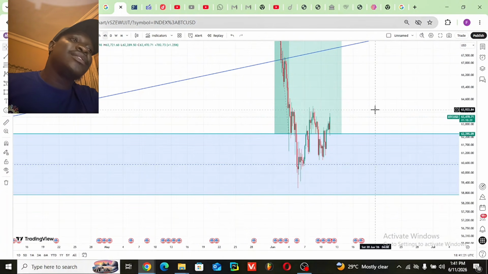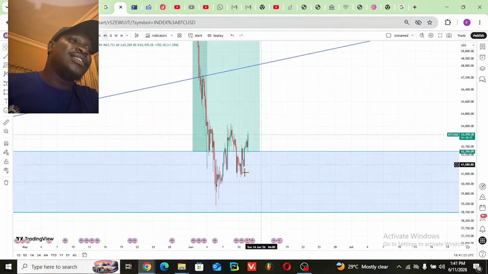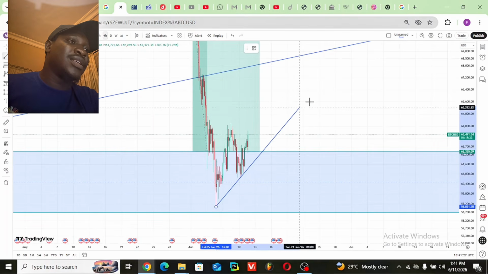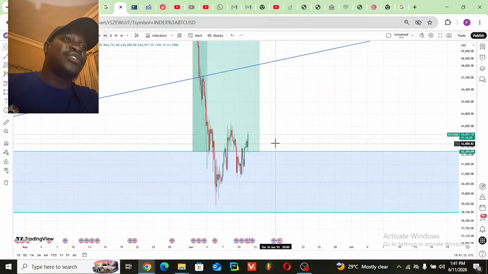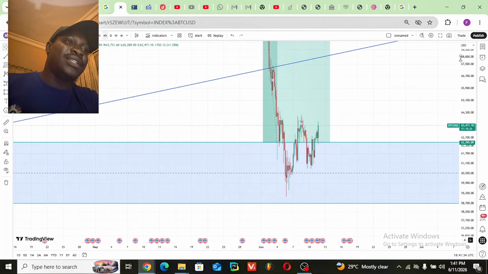So we are waiting. It may range, range and give us another trend line break, something like this, or we are just waiting to see what price will do at this point.